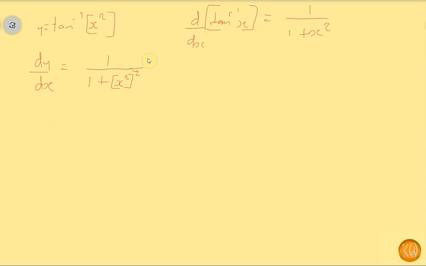And don't forget, since this is chain rule, you have to multiply by the derivative of what is in the bracket. Derivative of x squared is just 2x, therefore dy dx is equal to 2x upon 1 plus x to the 4th. And that's basically it.